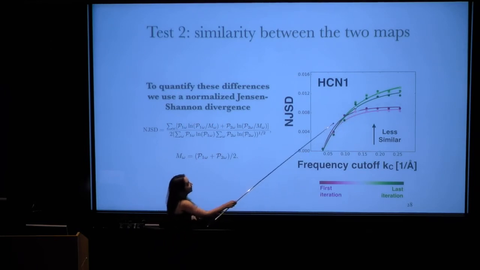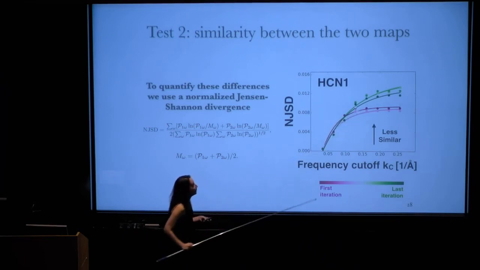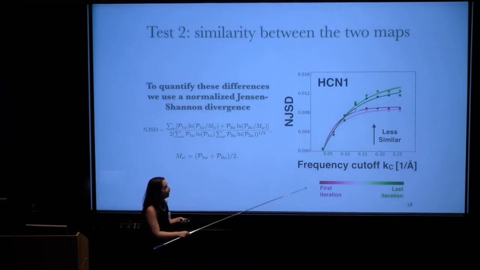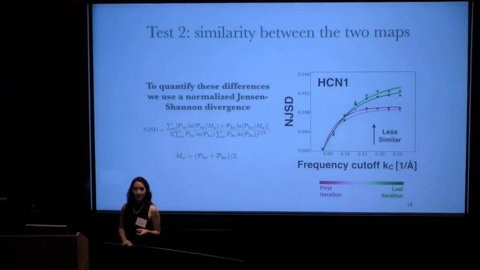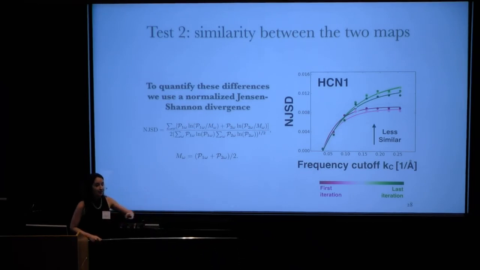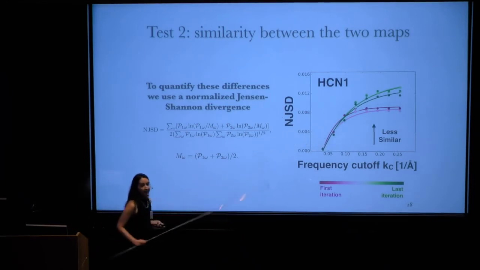So basically, there's a frequency plateau that's reached by the first iteration, which is lower than for the greater iteration. So as my iteration increases, this slope changes.